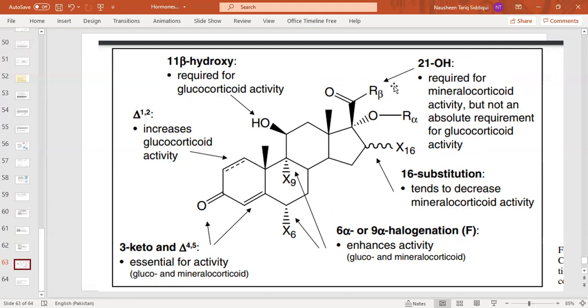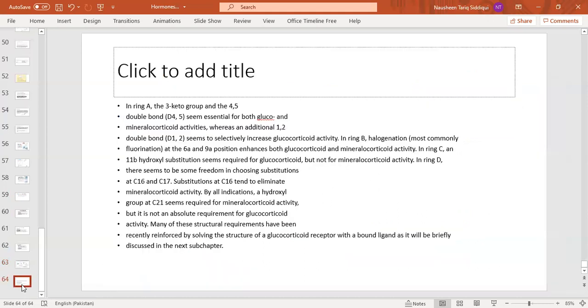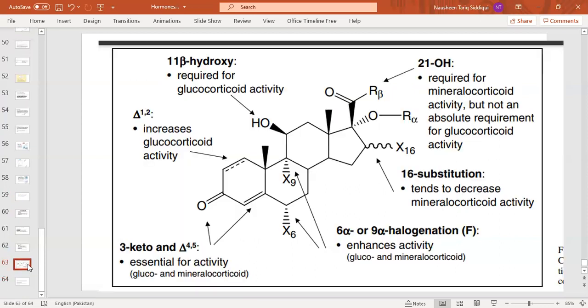At the 16 position, 16 substitution tends to decrease the mineralocorticoid activity. If we produce any substitution over here, then it decreases the mineralocorticoid activity, while at alpha 9 and 6, if you attach a halogen, it increases the activity. Okay. Thank you very much.